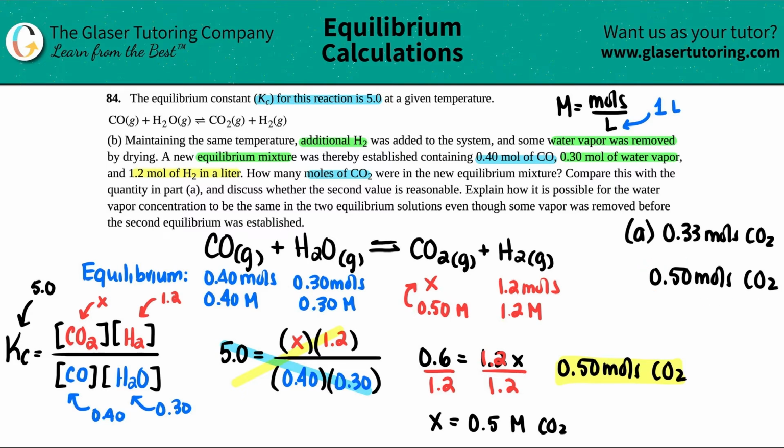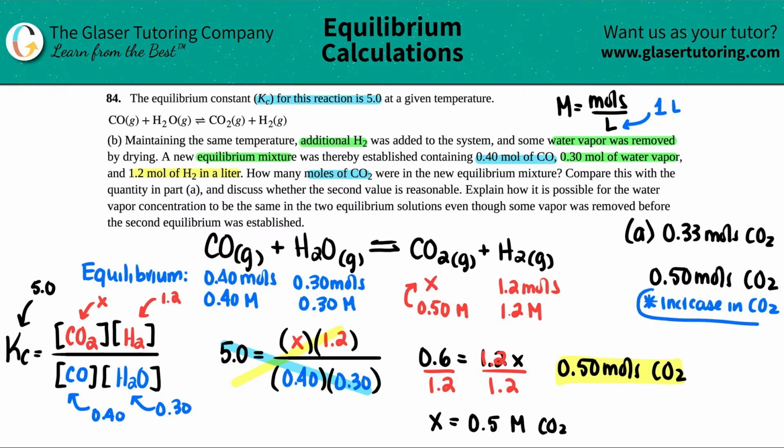So what happened? In part A, it went from 0.33 moles of CO2, and it looks like we increased, right? To go from 0.3 up to 0.5, there was an increase in CO2.